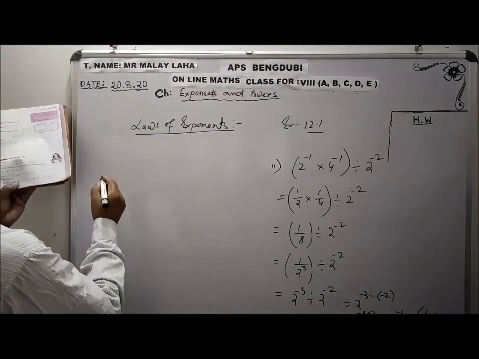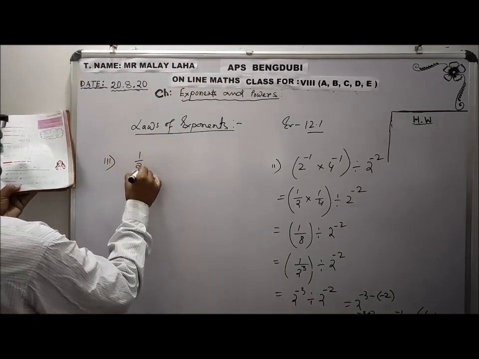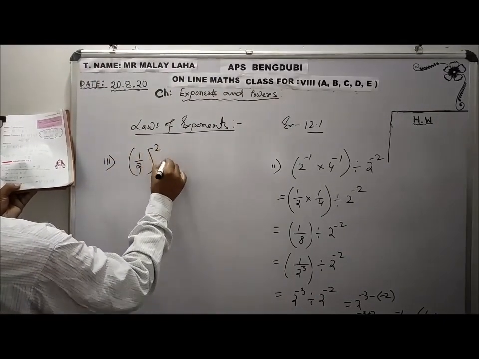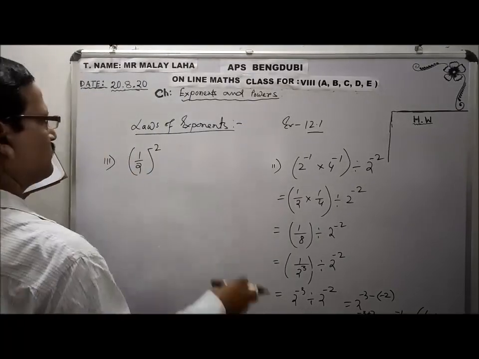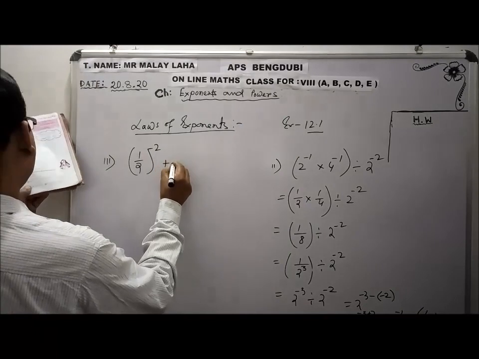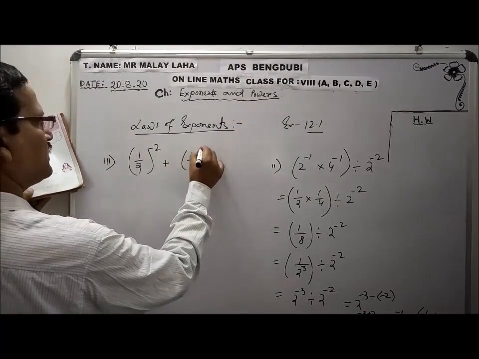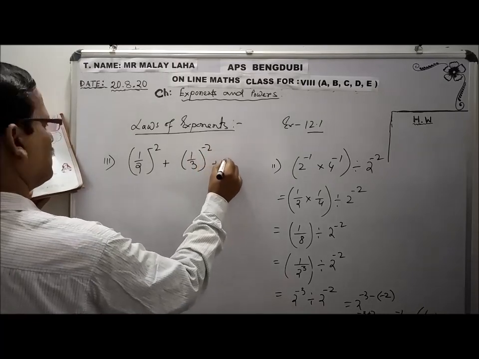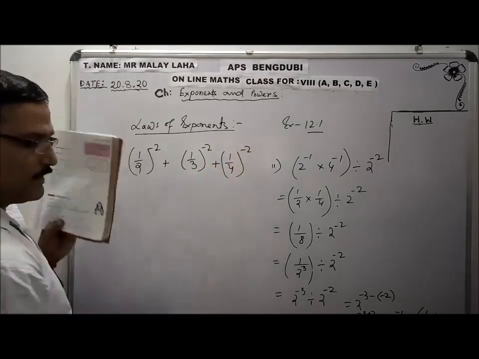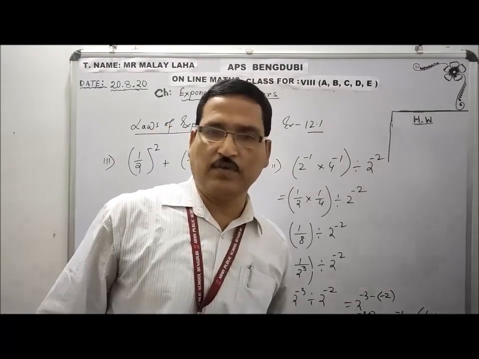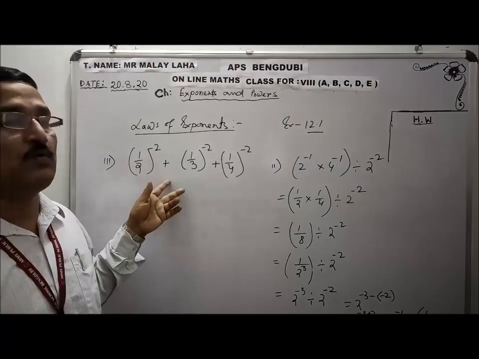Now, question number 3. 1 by 2 raised to minus 2, plus 1 by 3 raised to minus 2, plus 1 by 4 raised to minus 2. Is there any law for numbers in positive plus minus form? No. Then what to do?